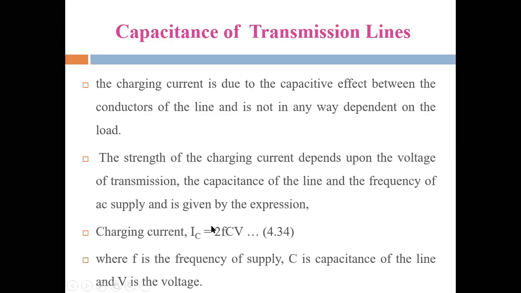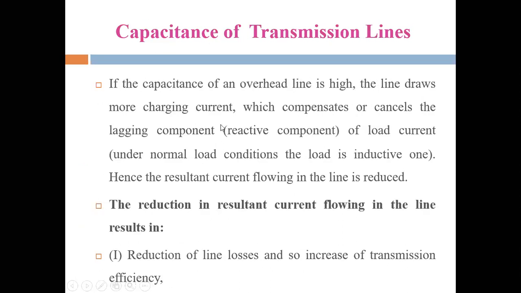The capacitance of the line and the frequency of the supply are related by IC equal to 2 pi F C V, where F is the frequency of the supply, C is the capacitance and V is the applied voltage.